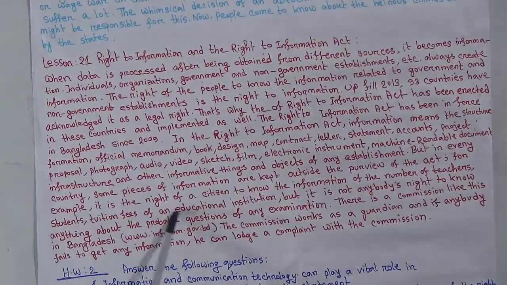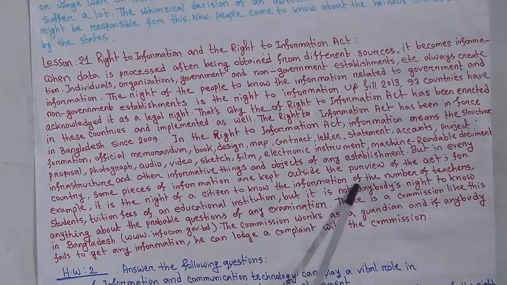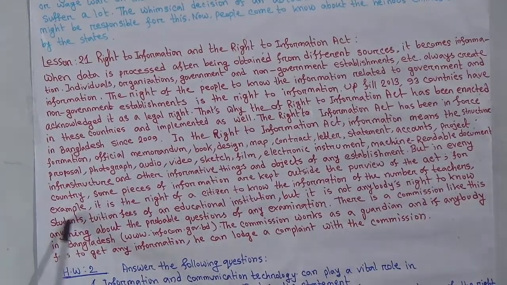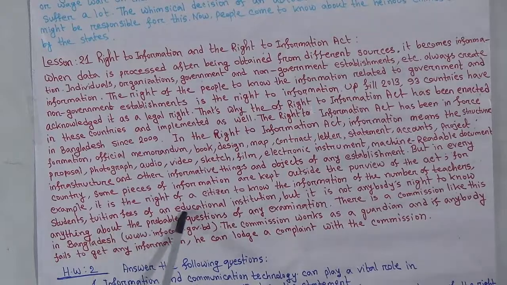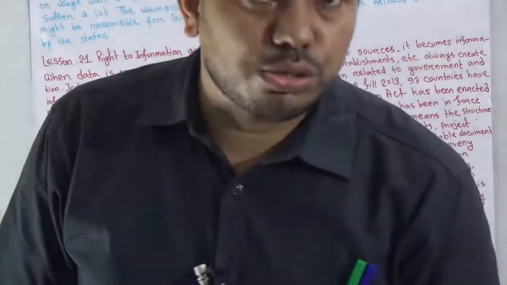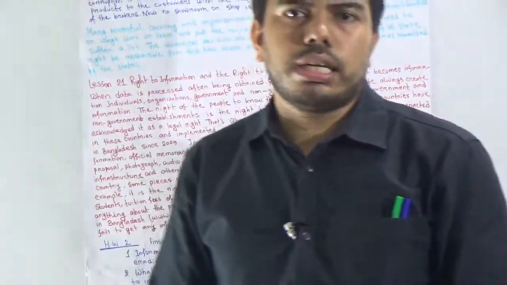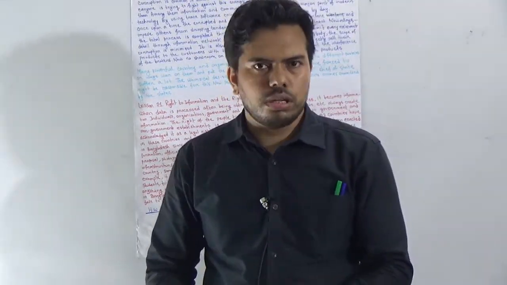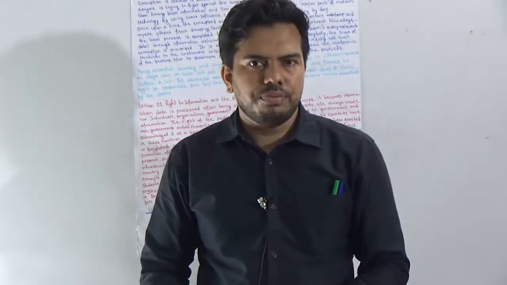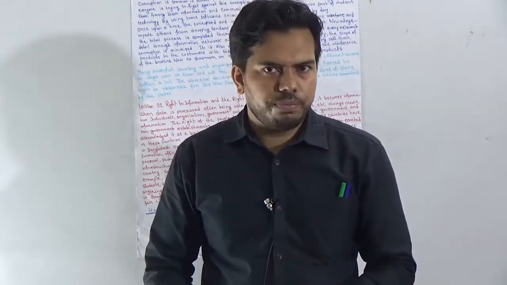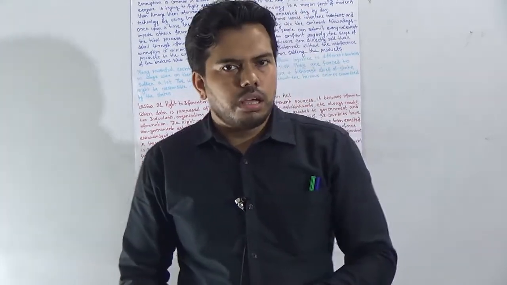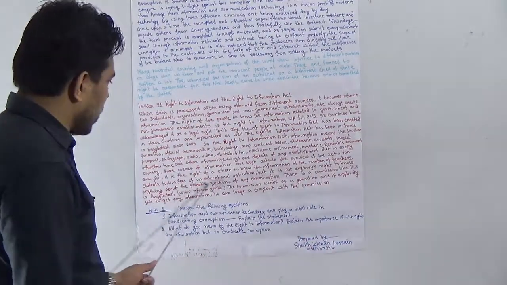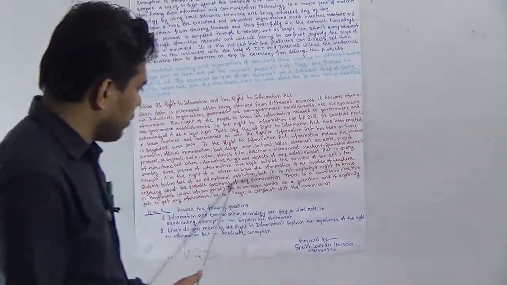For example, it is the right of a citizen to know the number of teachers, students, and tuition fees of an educational institution. You can access the internet and you have the right to know how many teachers are working there, what your tuition fee should be, what the minimum infrastructure is, and other information.